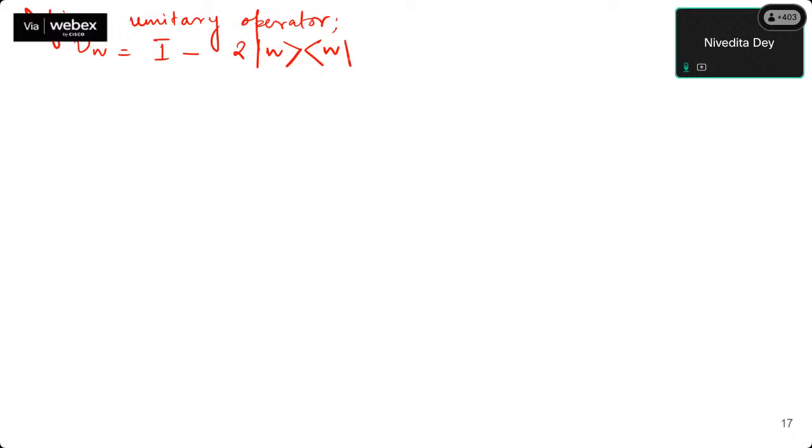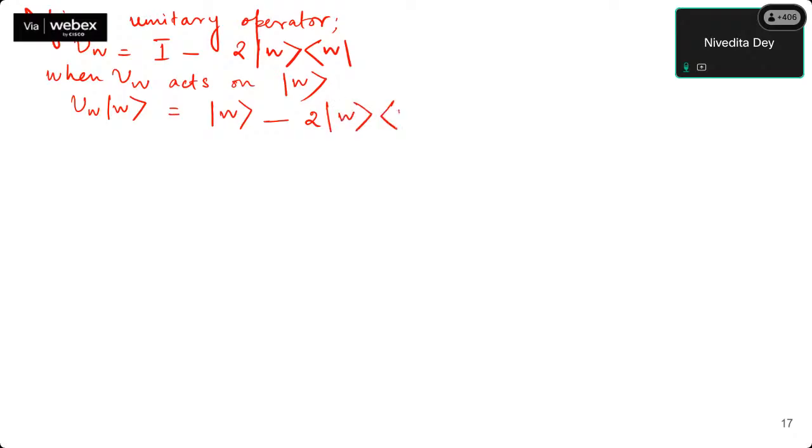Now when U_w acts on |w>, it will look something like this. U_w on |w|: I is identity, so it will be |w> itself, and this will be minus 2 |w><w| acting on that. Now we know this is again the inner product, which is nothing but 1.